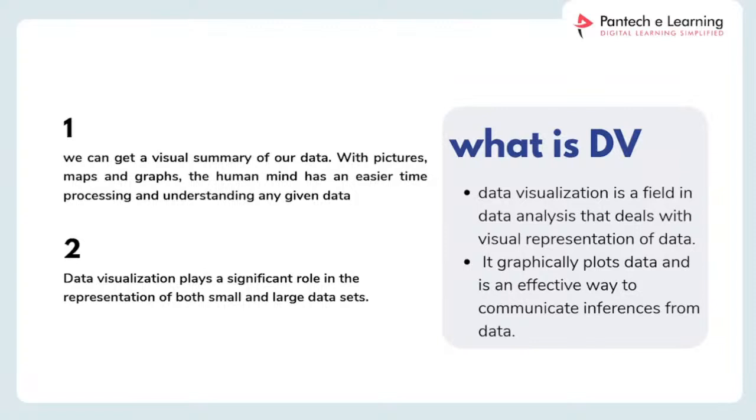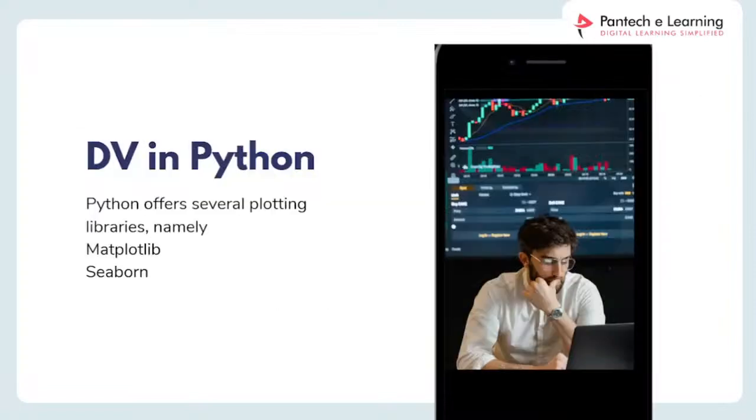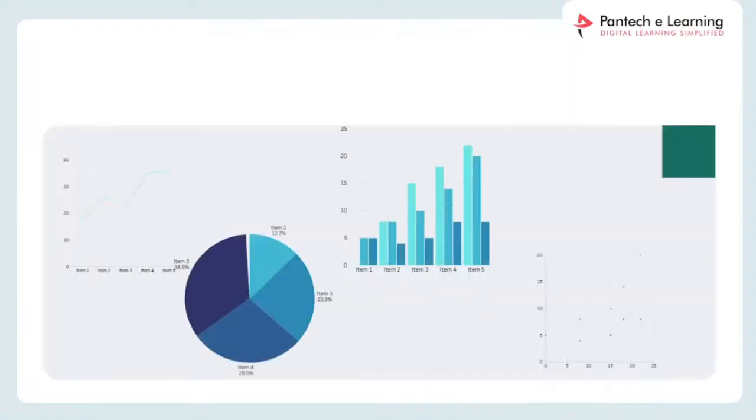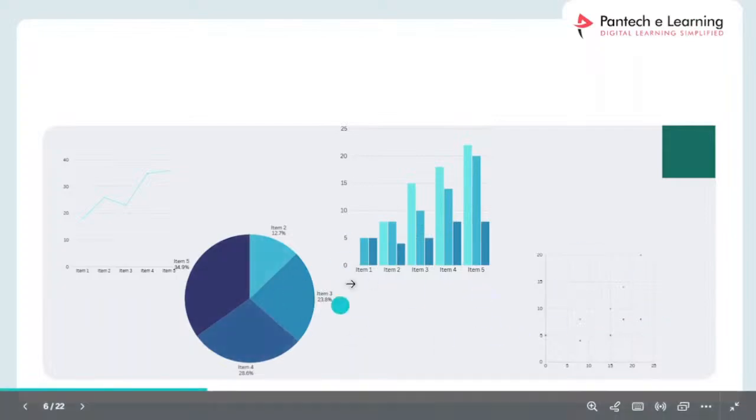Visualization means we can picturize, map-wise or graph-wise, visualize it. Data visualization has two tools: Matplotlib and Seaborn. This is the way we can visualize the plots: line plot, pie plot, bar plot, as well as scatter plot, like that.